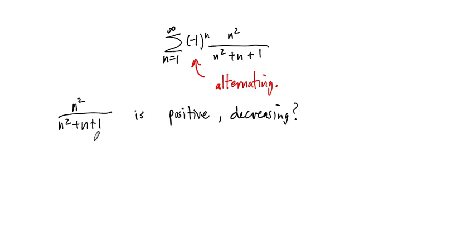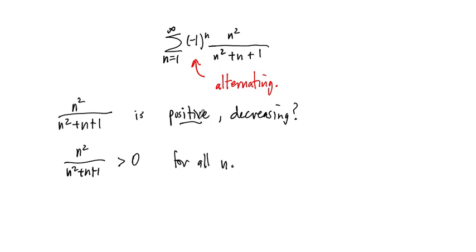This is, of course, positive because n squared plus n plus 1 is always going to be positive when n is greater than or equal to 1. So n squared over n squared plus n plus 1 is greater than 0 for all n.